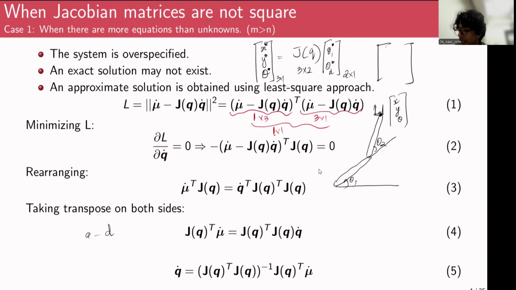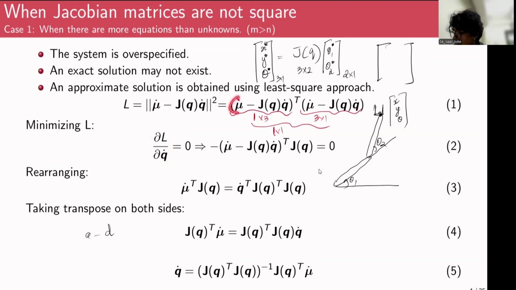Whatever Q dot satisfies this equation would correspond to its minima. Essentially, you are taking the derivative of a scalar with respect to a vector. Because Q dot is a vector, this expression would give you a vector of 2 quantities.